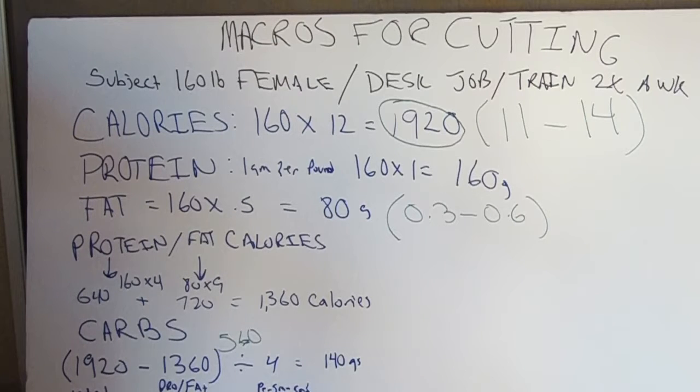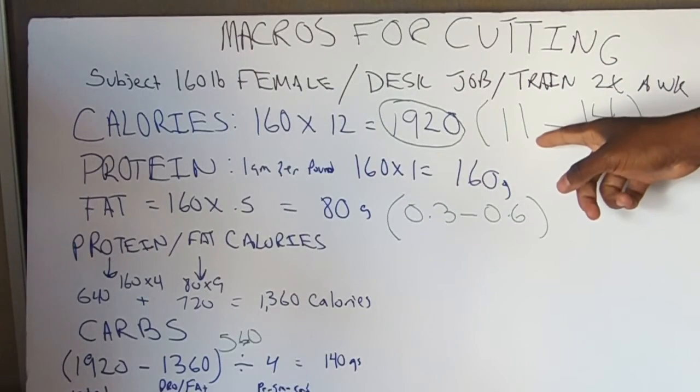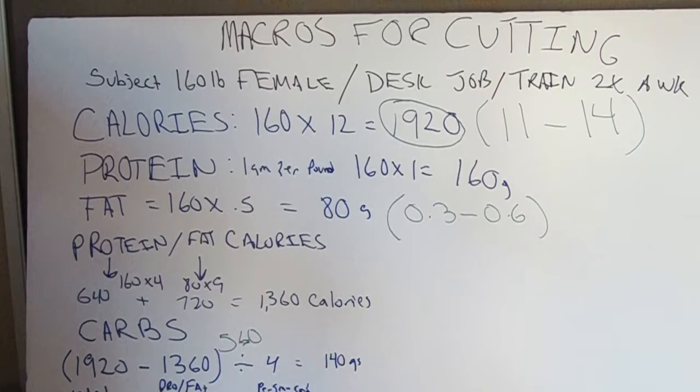So she's got a desk job, meaning that she's not a complete slug, but she also is not physically working all day, every day. So we're going to go with 12, right above the lowest number you can go. 160 times 12 gives us 1,920, which is going to be her total daily calories.